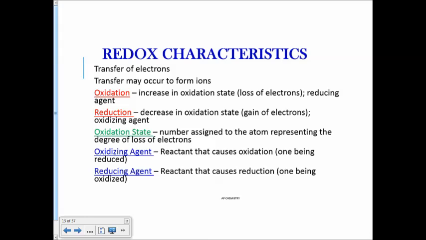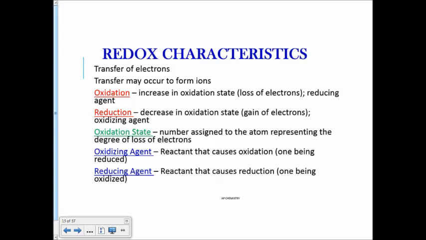So it's that charge number we assign to it, like oxygen's oxidation number is -2. Oxygen as an element usually has those 2 extra electrons on it, and we measure oxygen from that -2 point. Is it gaining or losing from that -2 point?